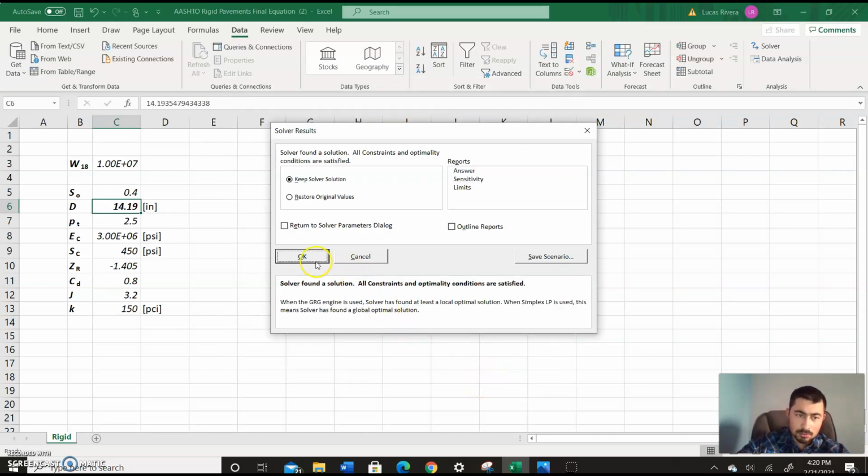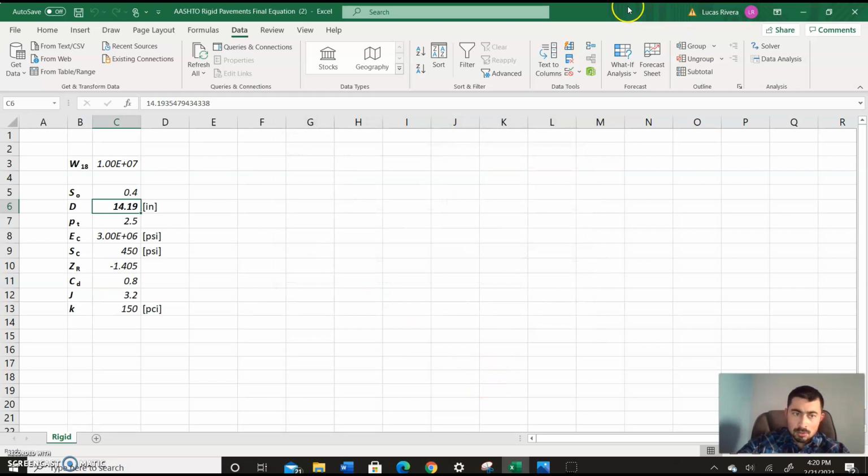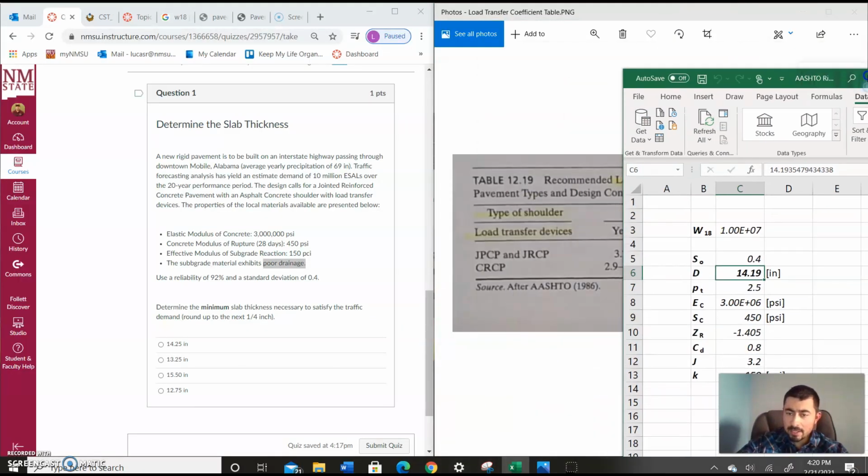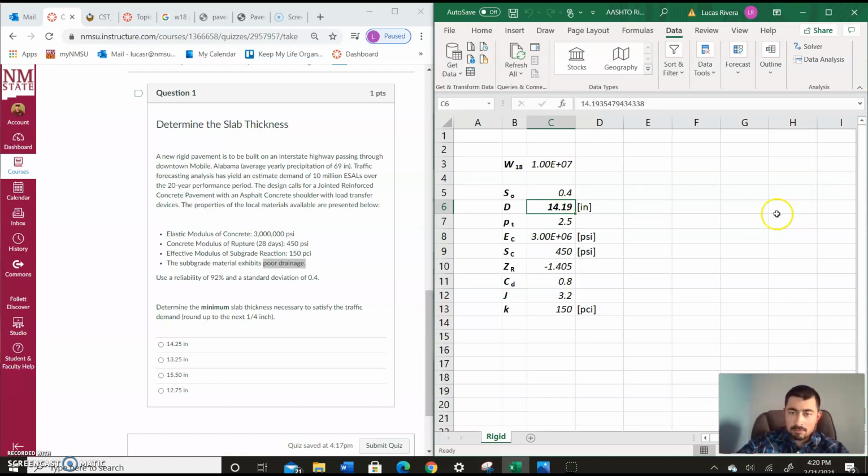Oh. Okay, I think that's my answer. Can I stand by that? 14.19, so if they want us to round up to 1/4 inch, that would go to 14.25.